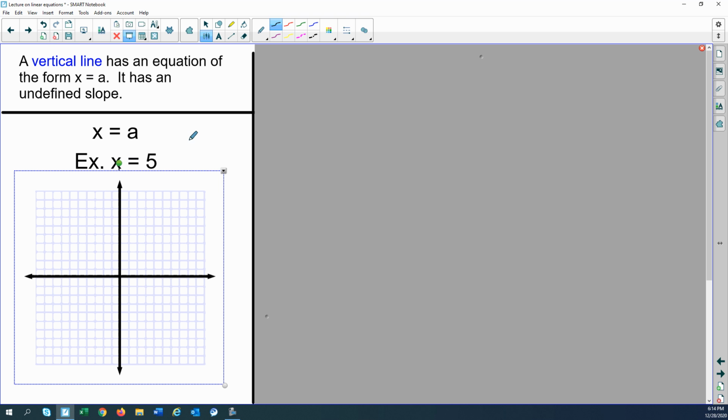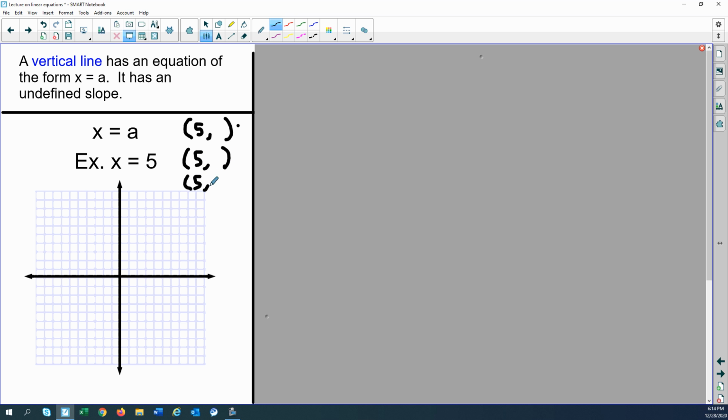A couple other types of lines that you'll run into is a vertical line. This is an equation where you're missing the y value. You just have x equals some number. In this case it's x equals 5. So this is all ordered pairs where x is 5.